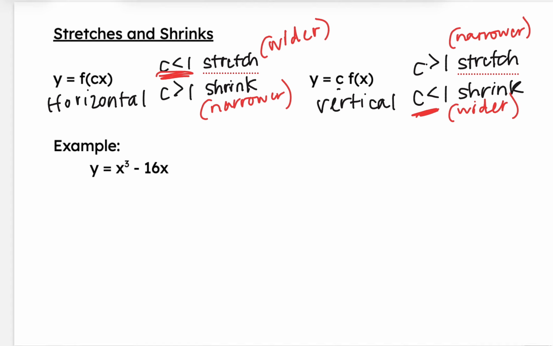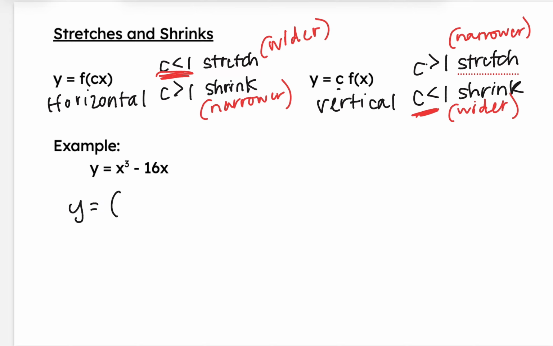So if we look at y equals x cubed minus 16x, we're going to start with a horizontal shrink.